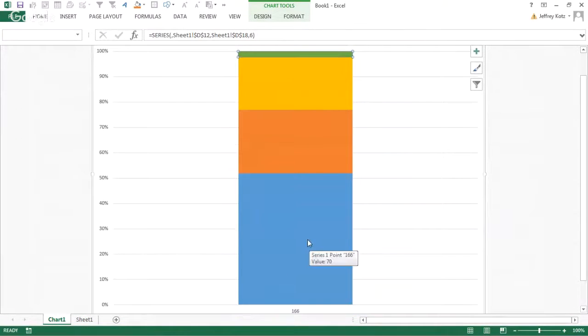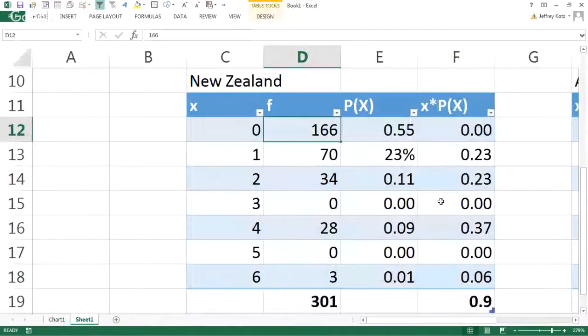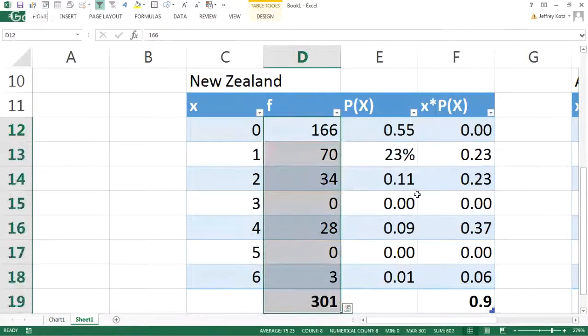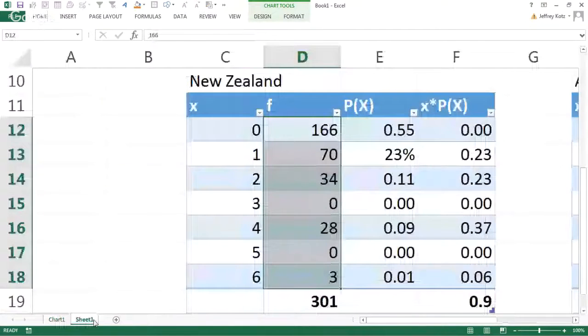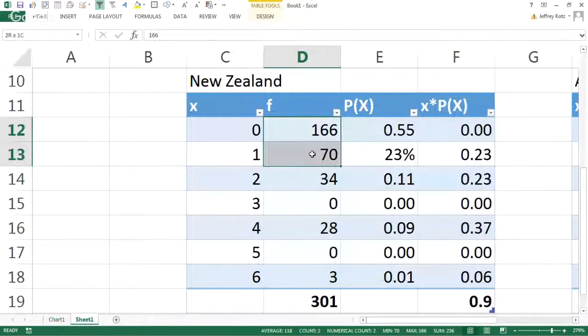But what we can see is that there were 160. Do we have all these? That's suspicious. Let's double check. It says 0.166, value 70. Oh, because it looks funny there. No, we're good.